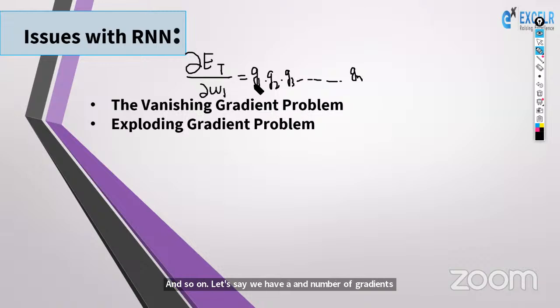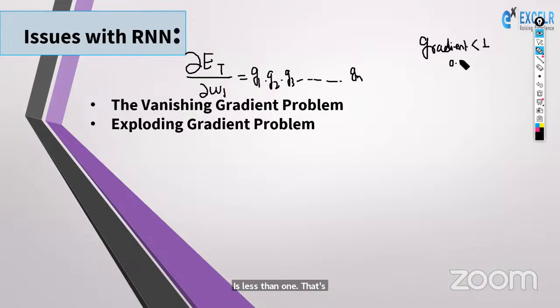So guys, suppose all of these gradient values are less than 1, let's say, for example, 0.7. So if you multiply all the gradients which are already less than 1, that means very small.